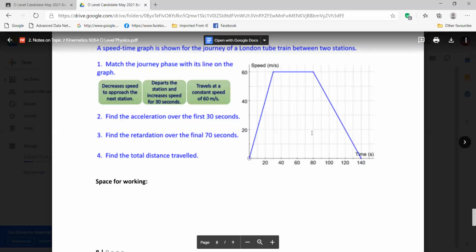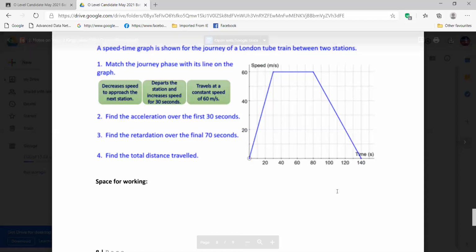Divided by 60. Your time is 60, right? Then how much it comes? Minus 1 meter per second square, right? Yes, sir. This way we can find. So is it clear to you now? Yes, sir. Clear.